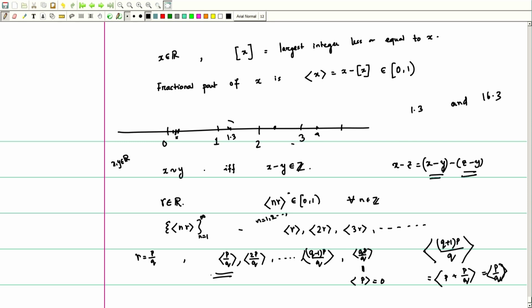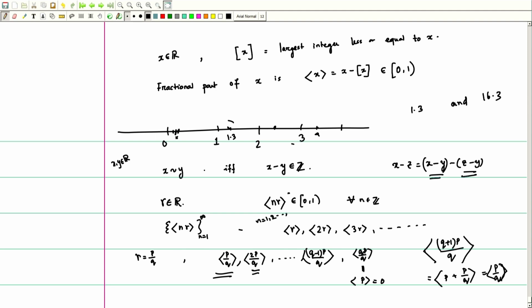And if you take q plus 2, you are going to land here. So, this is going to repeat after every q. Therefore, this can only take the values from this to this. So, this is not an infinite number.